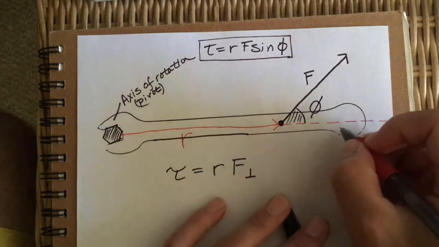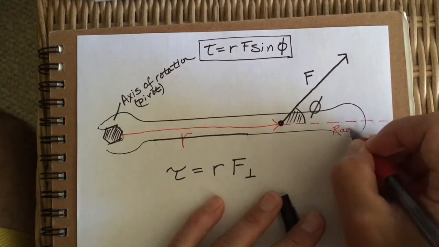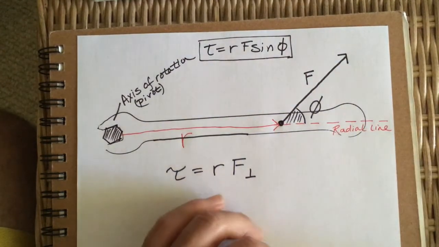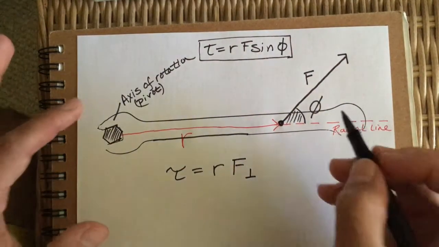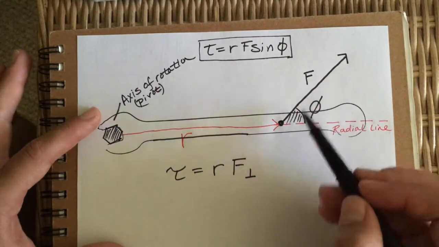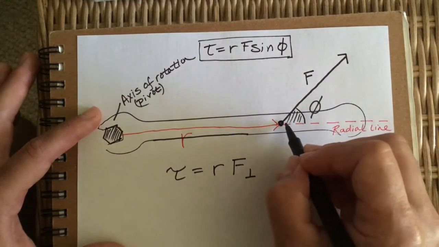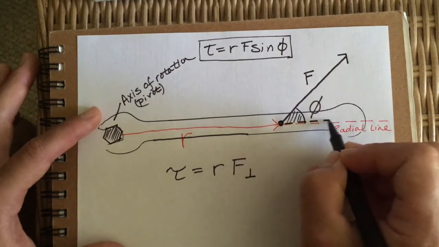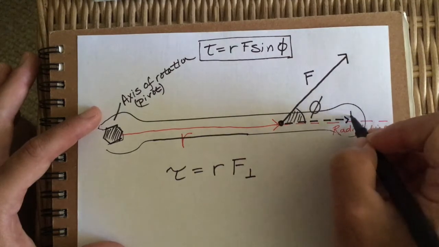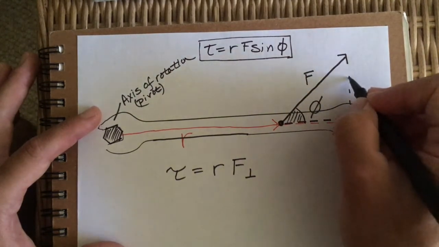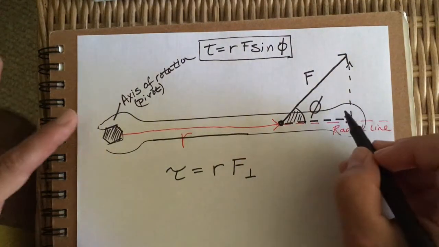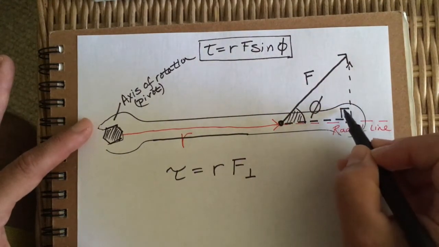So I better write that down, that this is the radial line. And if you remember what we did to split vectors into components, we'll just split this force into components. We'll say a piece of this force points this way, maybe F of X, and a piece of this force points this way. We'll say F of Y.